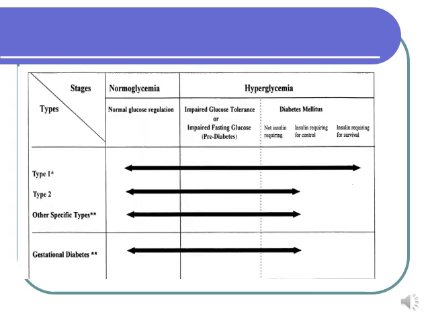If you observe this slide, it shows that there are different types of diabetes and the glucose levels. There is a normal glucose level, what happens in hyperglycemia, and what is the treatment requirement. If you take type 1, it could go from normal glucose regulation to impaired and diabetes mellitus, where insulin requirement for survival is very important, compared to other types where they require insulin to control.